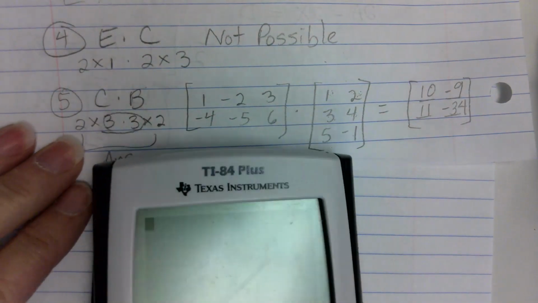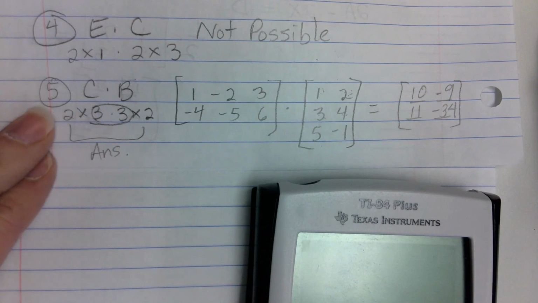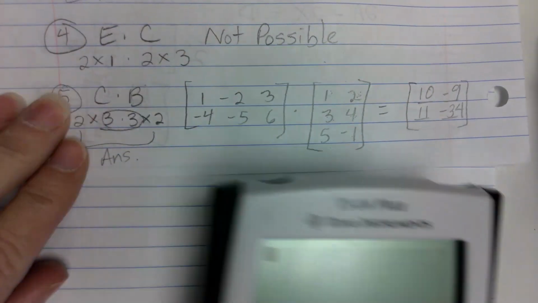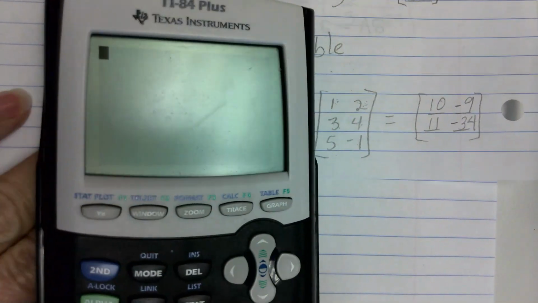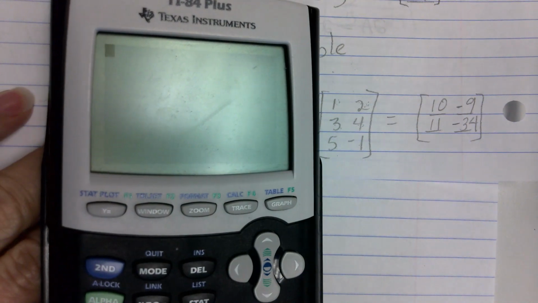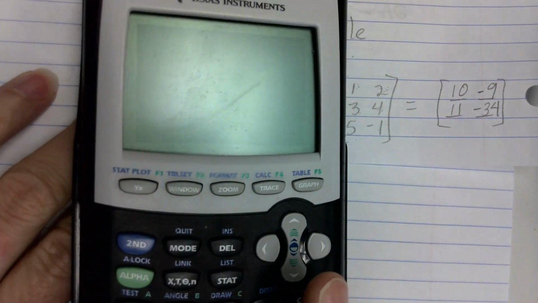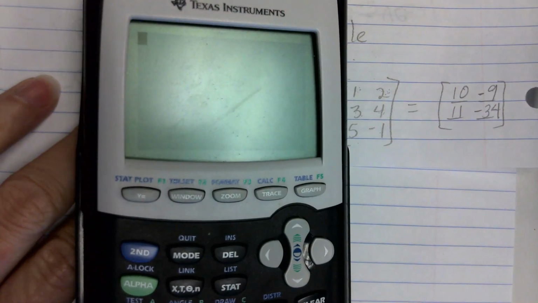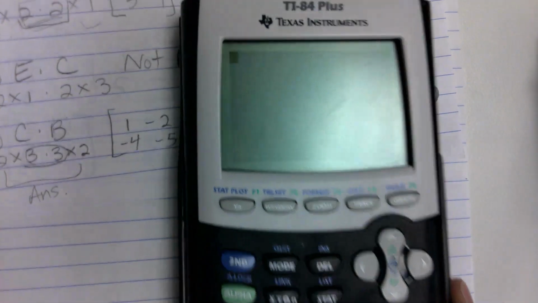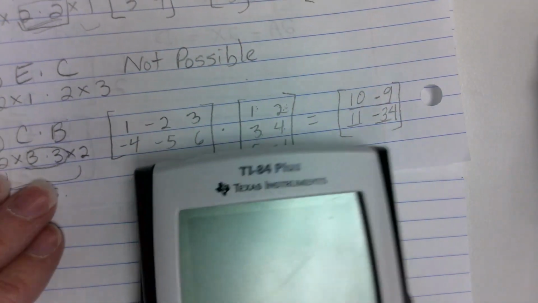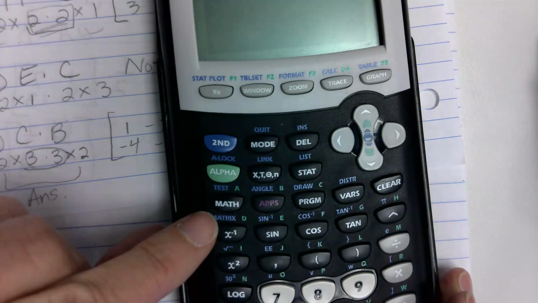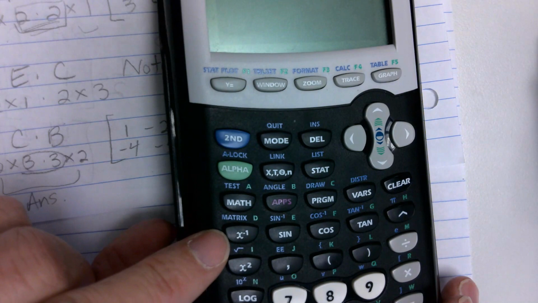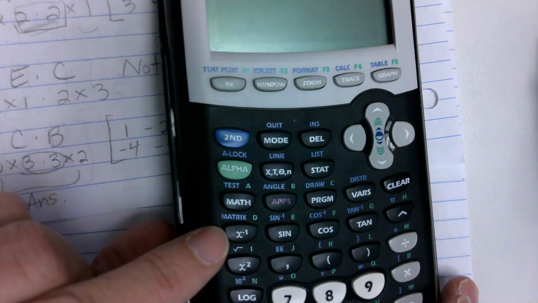Everybody with me, ready to learn how to throw matrices on our calculators? I'm always ready to learn. I'm not. When we're putting matrices on the calculator, look in the blue writing. What's right above math?